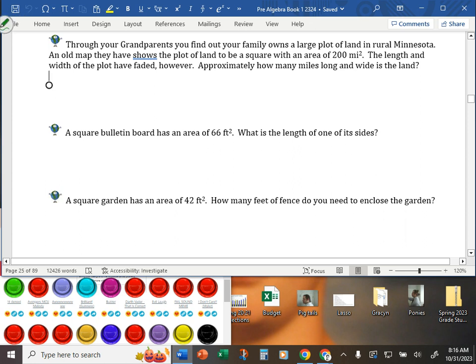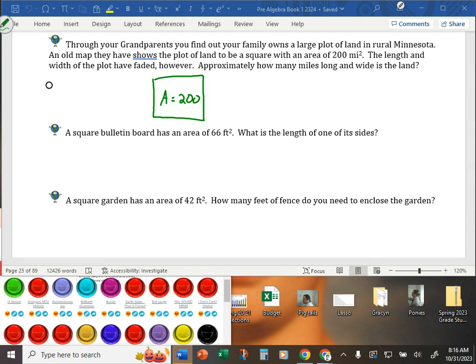If you remember, this is actually how we started CO12, right? I gave you a square, I gave you the area, and I said, what are the side lengths of the square? That's how we introduced taking the square root and estimating square roots to begin with. Because remember, a square, all 4 sides are the same.